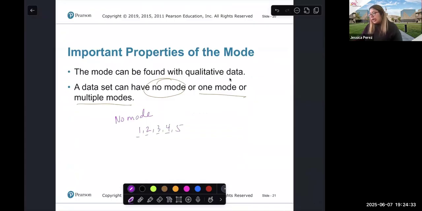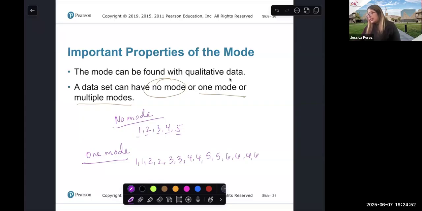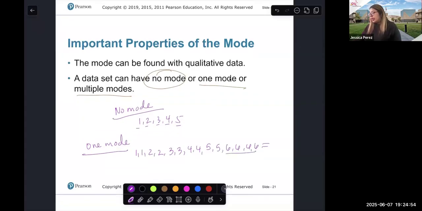They all show up one time, so this is no mode. There's 1 mode, and that's the example that we saw: 1, 1, 2, 2, 3, 3, 4, 4, 5, 5, and then 6, 6, 6, 6. This was 1 mode, the 6.